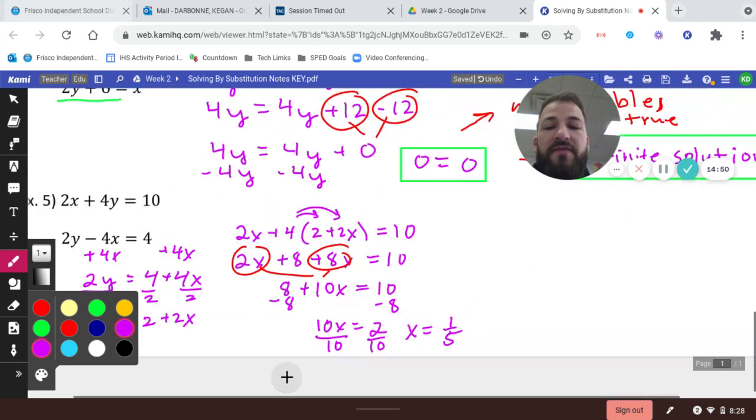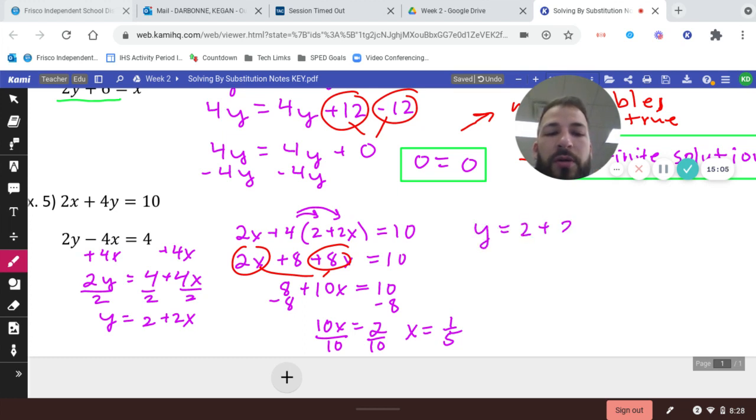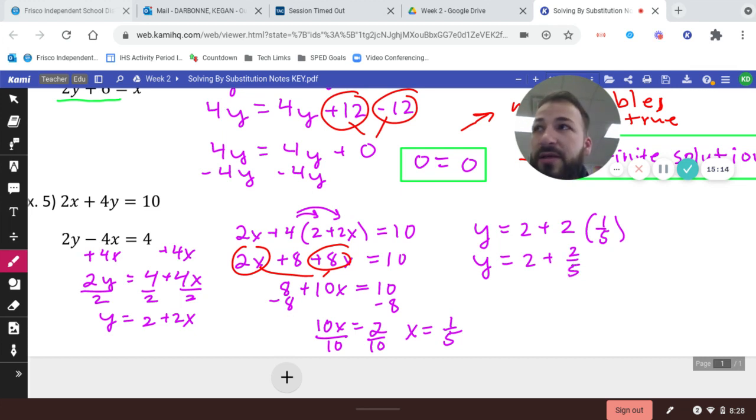Okay, then from here, our number's a little gross, so that means our y number is also probably going to be a little gross. So x is equal to 1/5. I want to go ahead and plug it into my equation that I have as a y equals equation. So y is equal to 2 plus 2 times 1/5. So that gives us y is equal to 2 plus 2/5. To be able to add these fractions together, I have to have a common denominator. The least common multiple of 1 and 5 is 5.